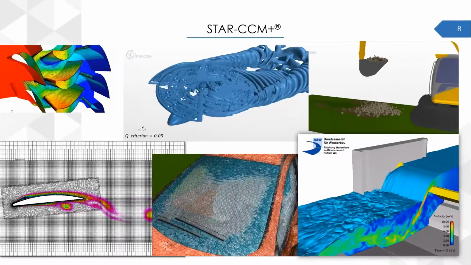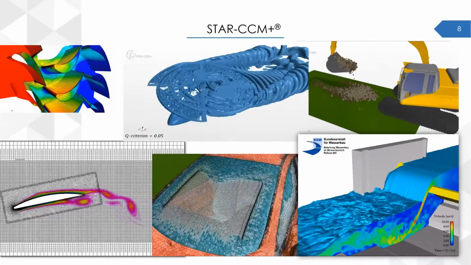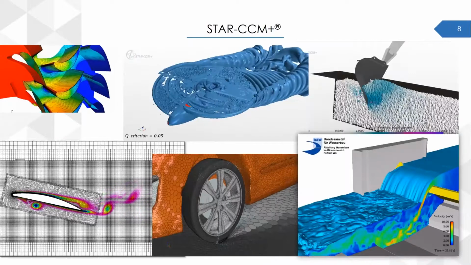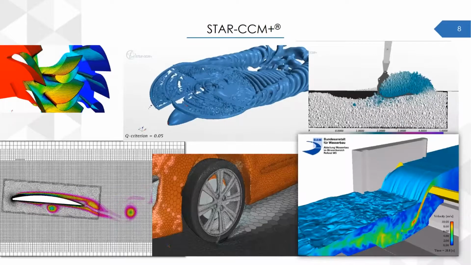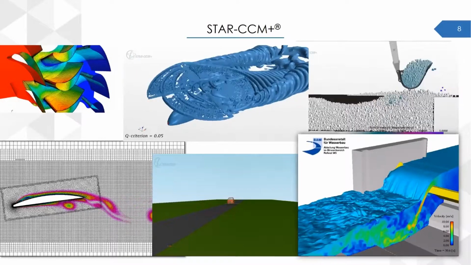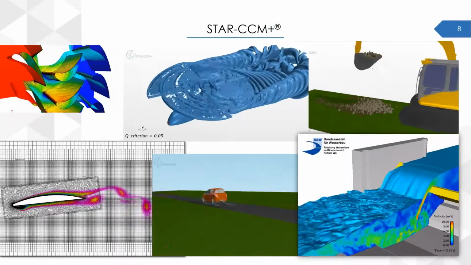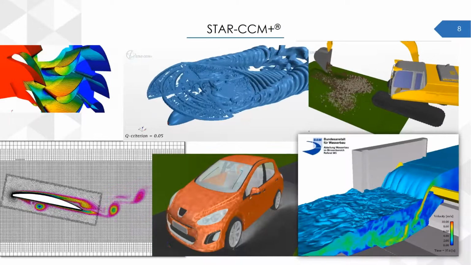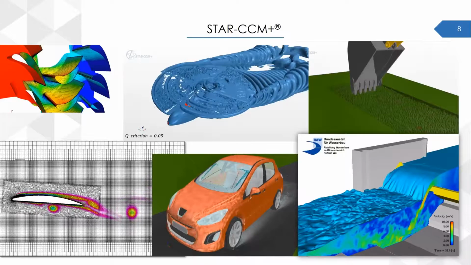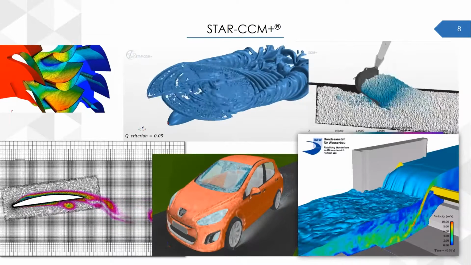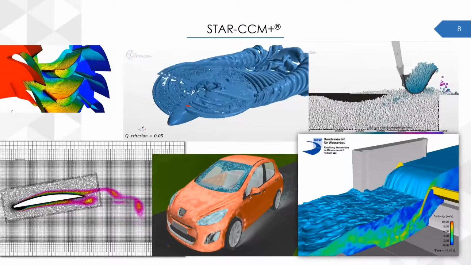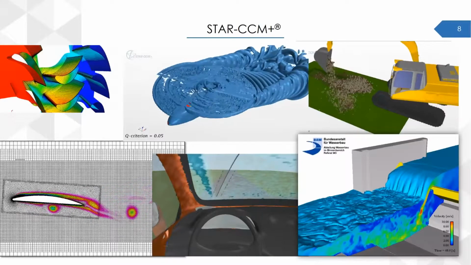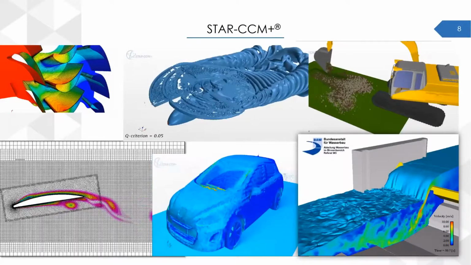But secondly, its flexibility to do pretty much most problems that you can think of can be handled by STAR, from turbo machinery to DEM on the top right there, to multi-phase, the one in the middle with the car for de-icing of a car going down the road is quite an extreme problem from a meshing perspective and a physics problem. Now on the right, multi-phase in terms of VOF, fluids modeling, is also a strong forte for STAR. So it's really strong in many, many areas.